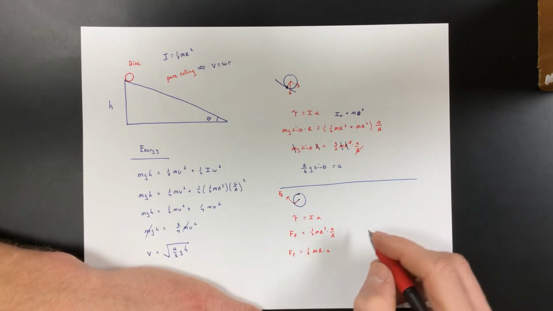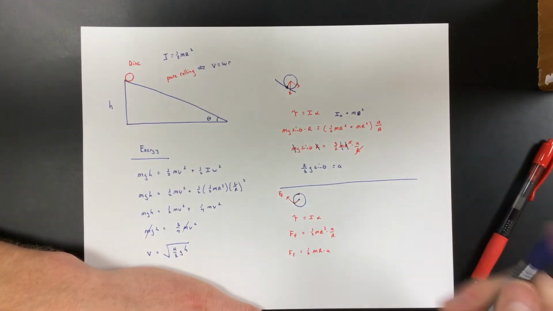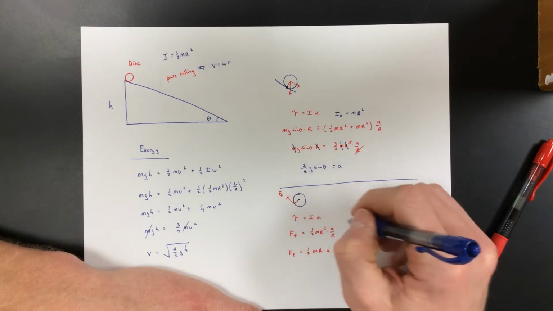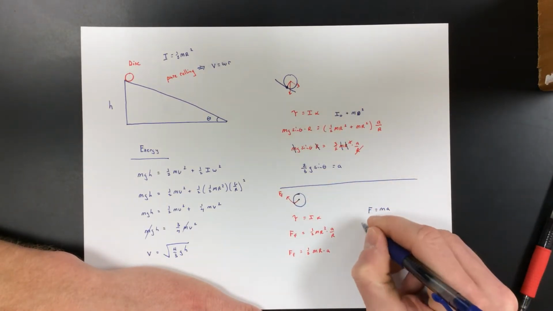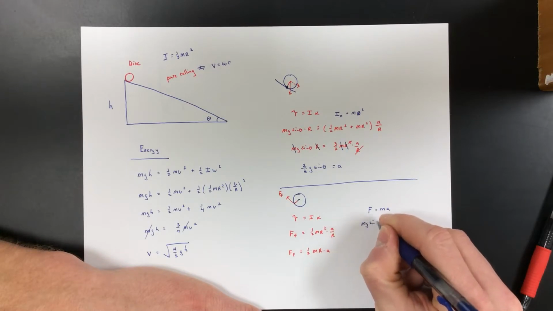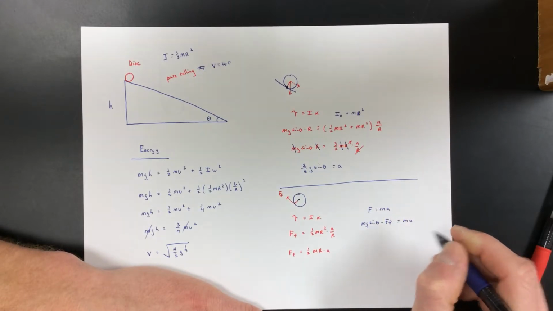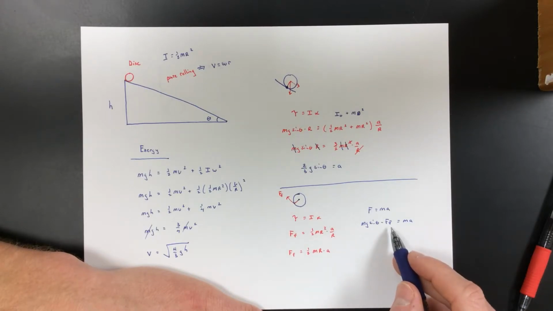But now let's look at a force equation. If we look at the forces on this guy in the y direction, F equals ma, we are looking at mg sine theta down the ramp, force of friction up the ramp, equals ma. And what we can do is take this force of friction and put it in here.